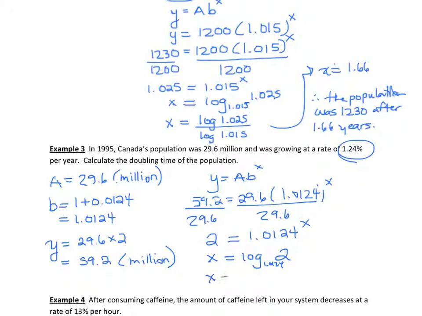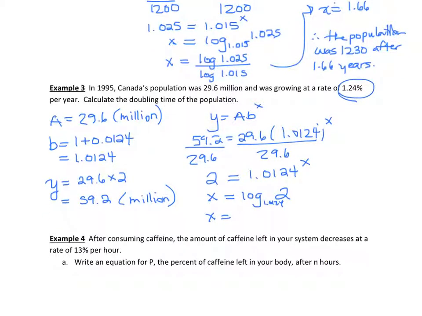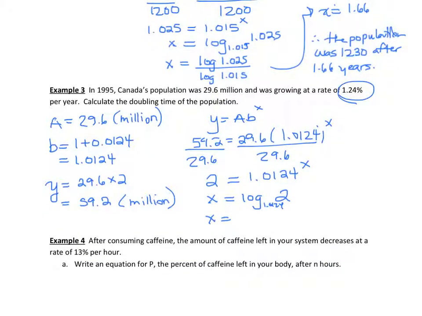Use the change of base formula. So x equals log 2 divided by log 1.0124. Type that into your calculator. So x is approximately 56.2.